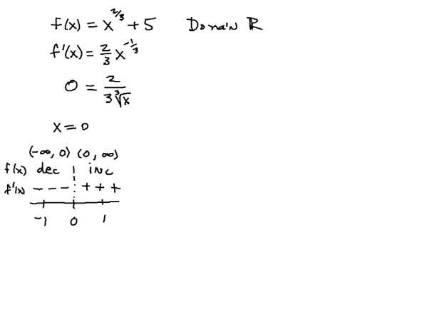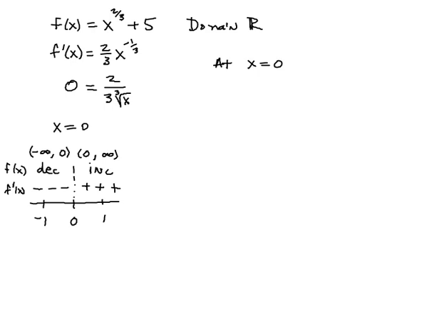Now, do I have a critical point that produces an extreme value? Well, the derivative is decreasing and then it's increasing, so I have a relative minimum at 0. So at x equal to 0. 0 is in the domain, by the way, so this value exists.